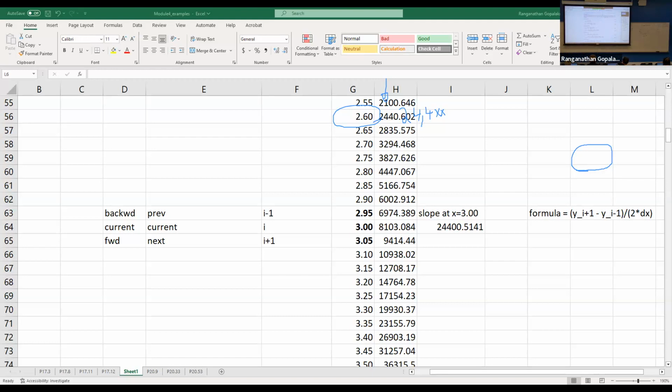Line 4, because the error scales with h squared, so as h is a small number, h squared will be smaller. So the error will be smaller with line 4. So all the entries in this figure are forward derivative or forward approximations. That's given at the top right here. So if you scroll further, figure 23.2, backward formulas, and then central formulas.